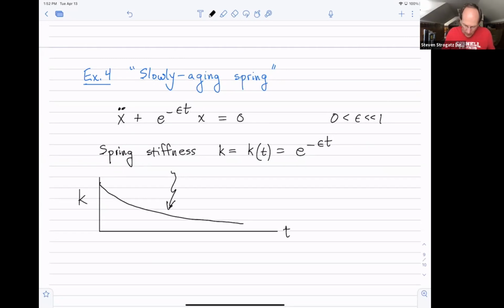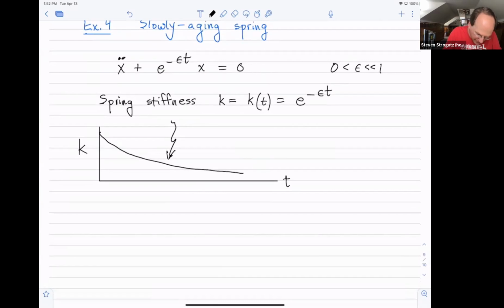And actually, you can see that when t is large enough, much greater than 1 over epsilon, then we're dealing with the equation x double dot is sort of like 0. That would describe a particle that has no forces on it at all.